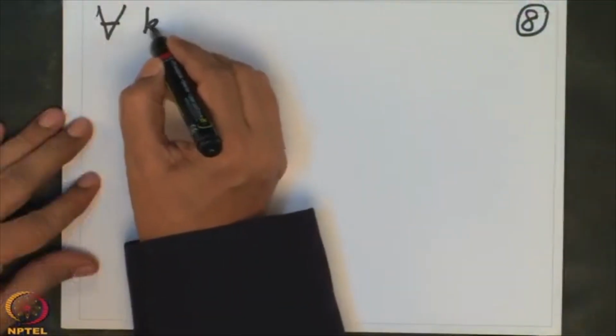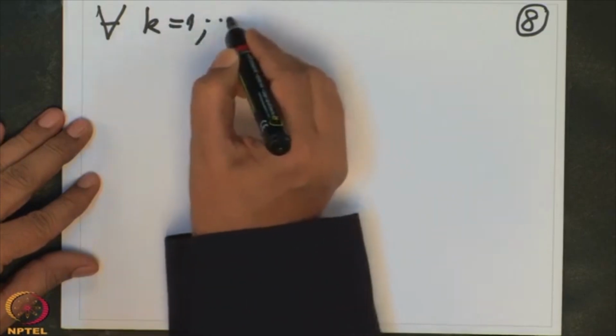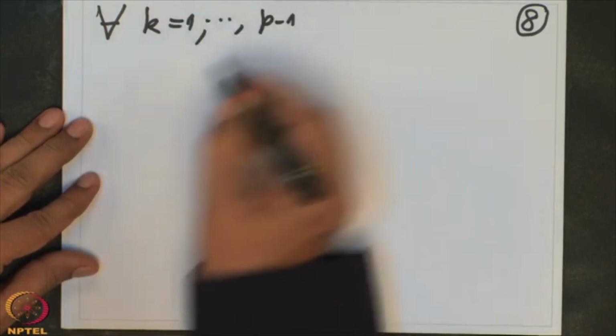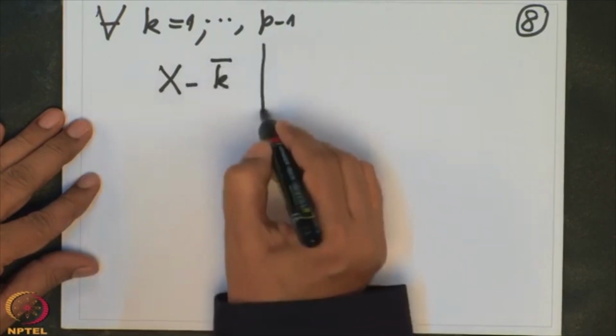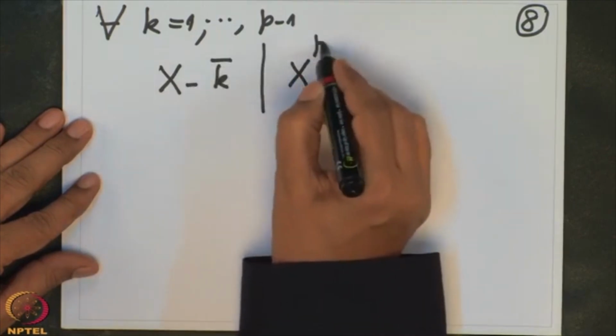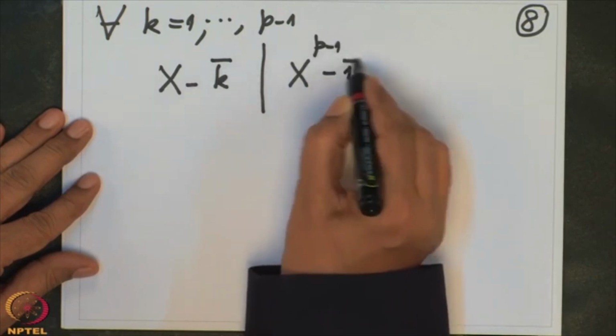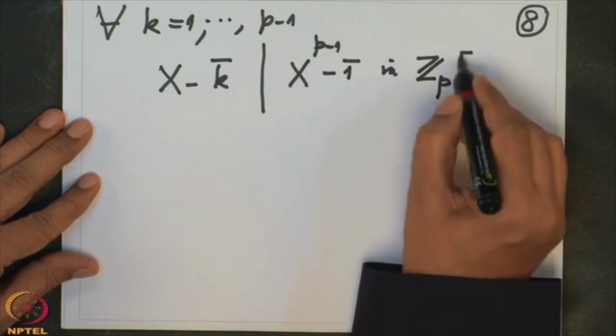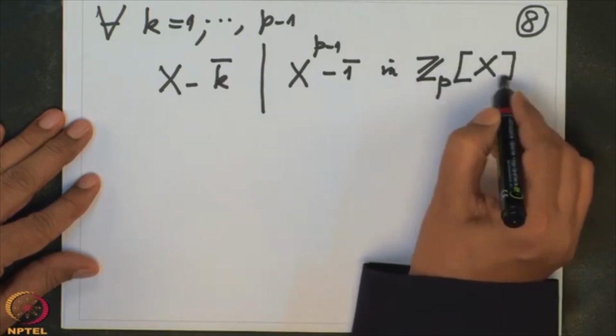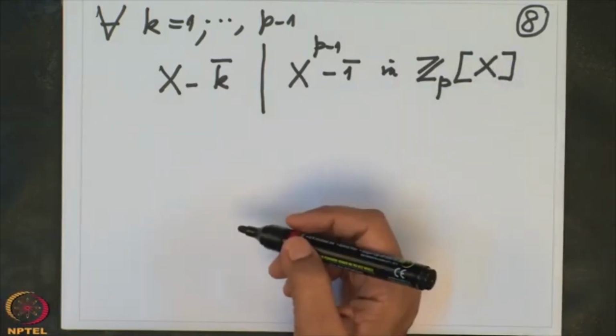Enough to check that for each k from 1 to p minus 1, x minus k bar divides x power p minus 1 minus 1 bar in this polynomial ring. This is what I have to check.